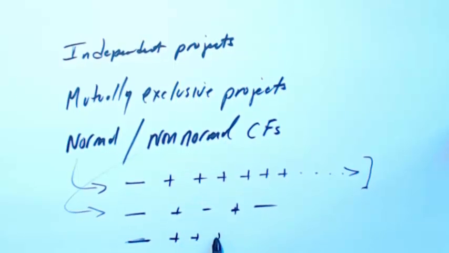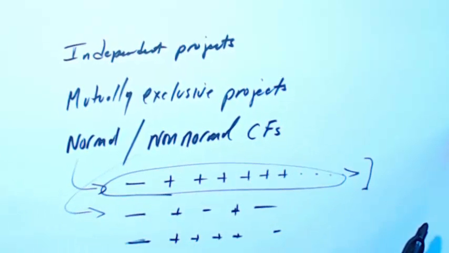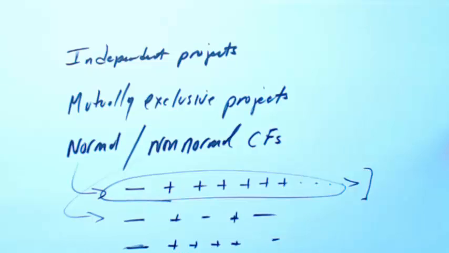This, non-normal. This, non-normal. It's got to look like this for it to be normal cash flows. Again, that'll pop up later on. So we have independent projects, mutually exclusive projects, and normal and non-normal cash flows. That's the setup, the basic terminology for the moment to help us get through this chapter.